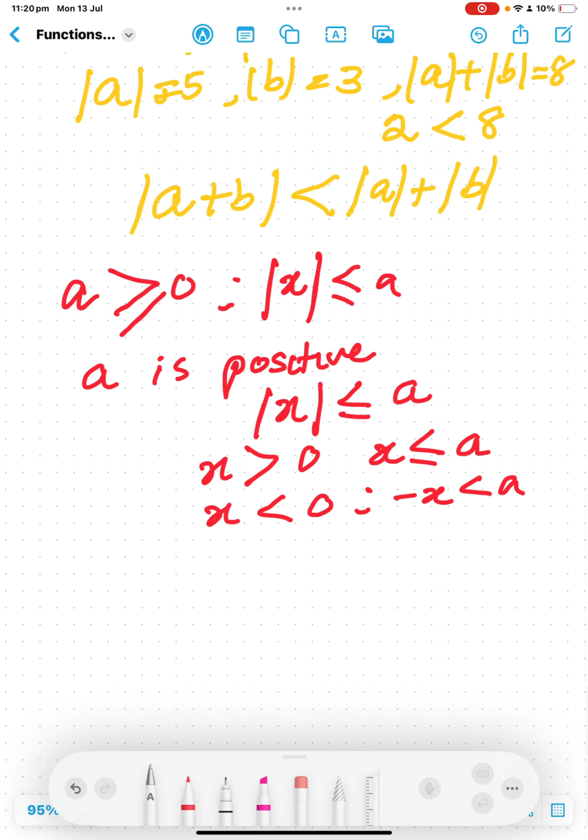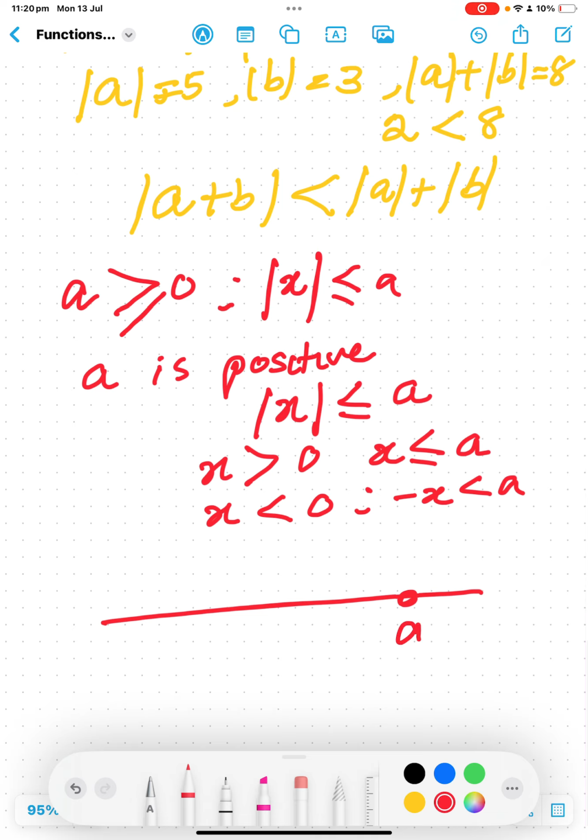If I put this on the number line, this is a, and since x is negative, from this I can say x is greater than negative a. So negative a. Condition 1 says x is less than or equal to a.